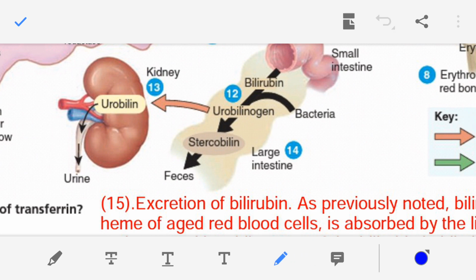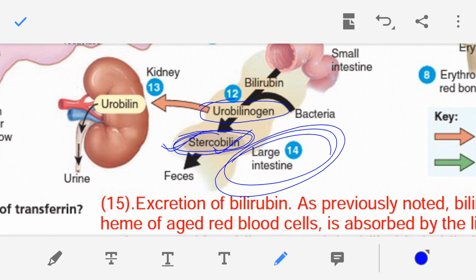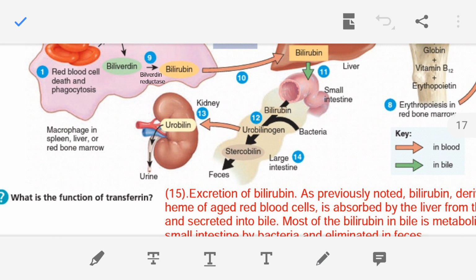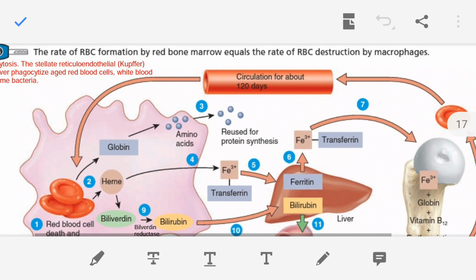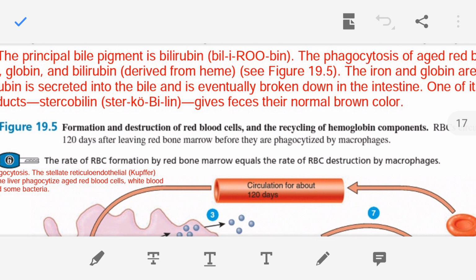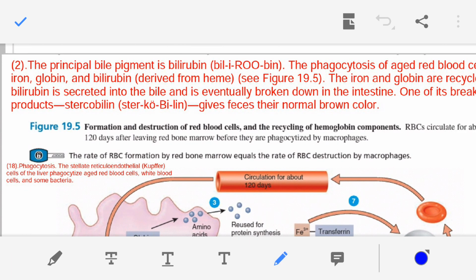Some of the urobilinogen is converted into stercobilin. Okay, and where is this stercobilin present? It is present in the large intestine, and in the large intestine, what is this stercobilin doing?